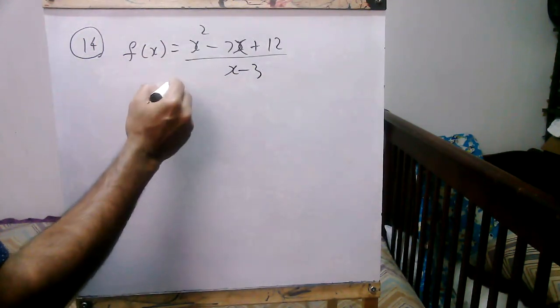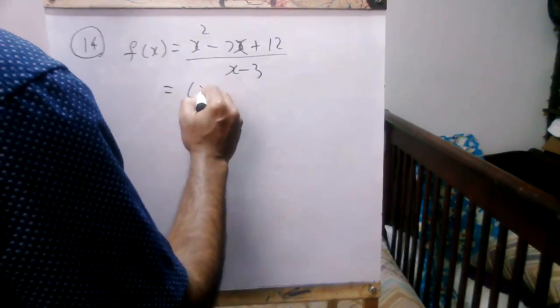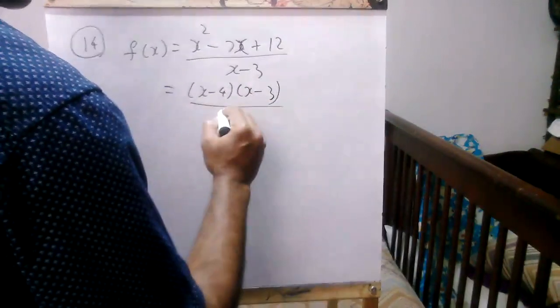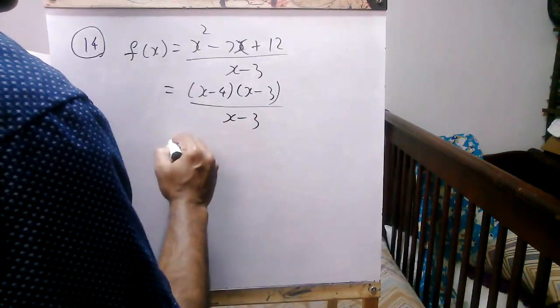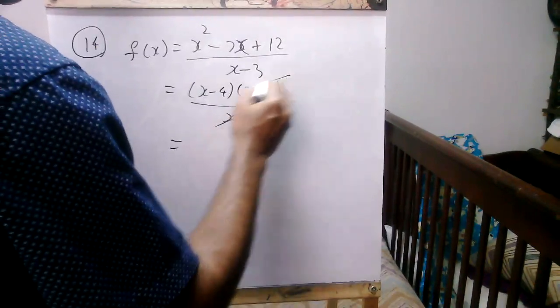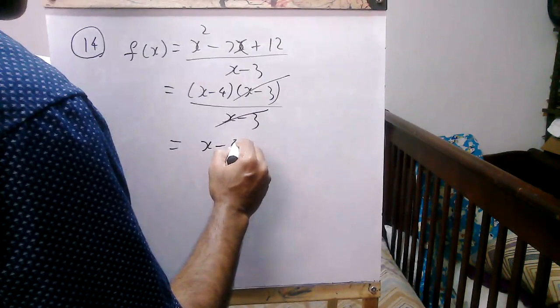Okay, factor this out. Divide by x minus 3. This cancels with this, and we get x minus 4.